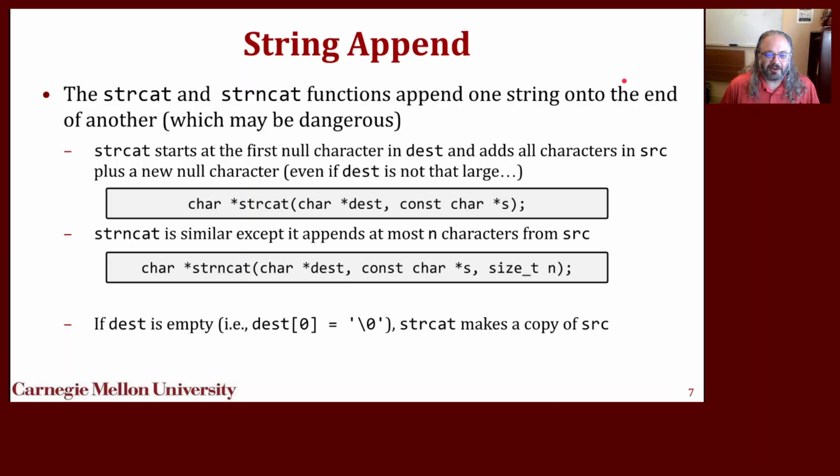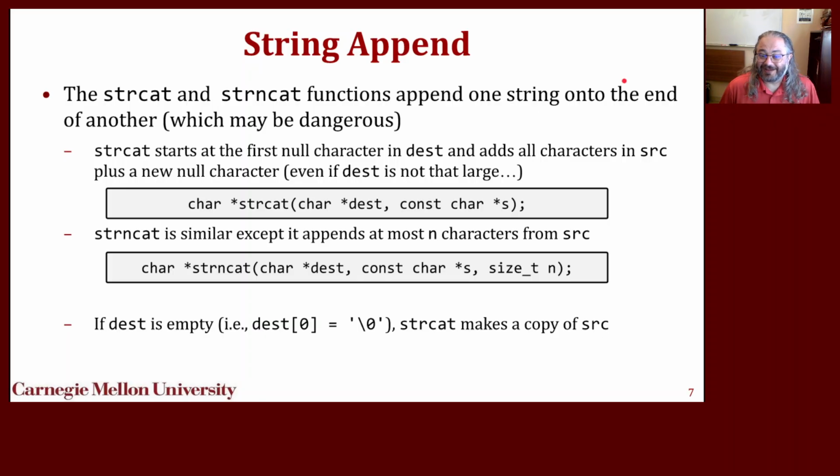Now this function is known to be a little bit dangerous because, say for example, my destination string was malloced to store 100 bytes. My source string was malloced to store 500 bytes. I can call this function and it will happily continue to write past the 100 bytes that I've malloced in my destination.